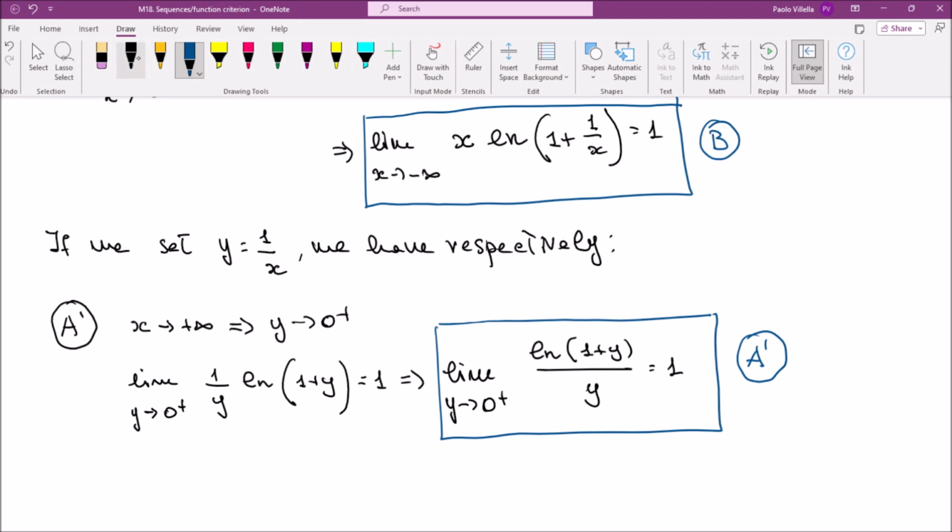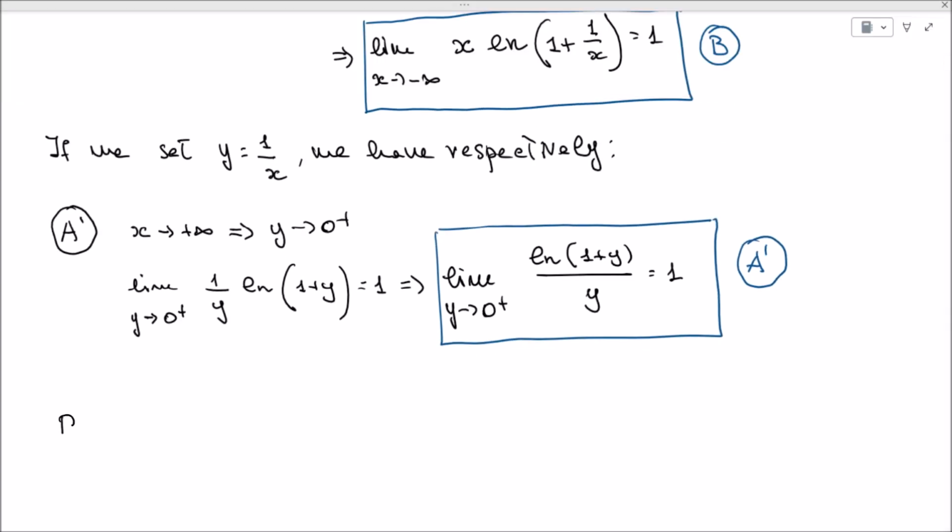Now, using B, we can get B prime. Because x goes now to minus infinity, that implies that y will tend to 0 minus.